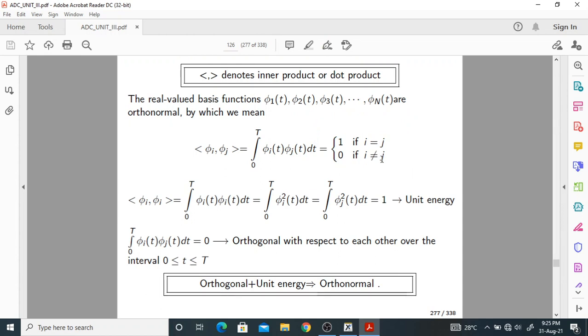If i is not equal to j, it is 0, which means phi i and phi j are orthogonal. If i equals j, obviously they are the same. If i equals j, it is the inner product of a signal with itself. What does it become? The integral from 0 to T of phi i of t times phi i of t, that is phi i of t whole square. What does this represent? The energy of phi i of t. That equals 1. Are you getting my point or not? So this statement is enough for orthonormality.